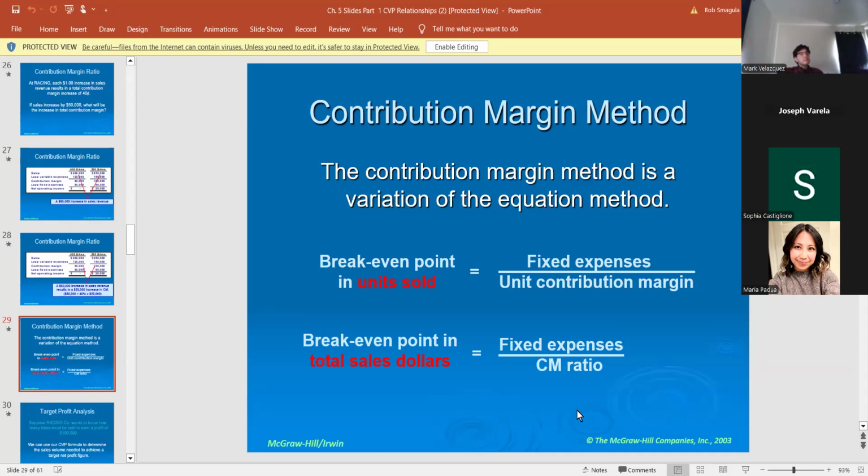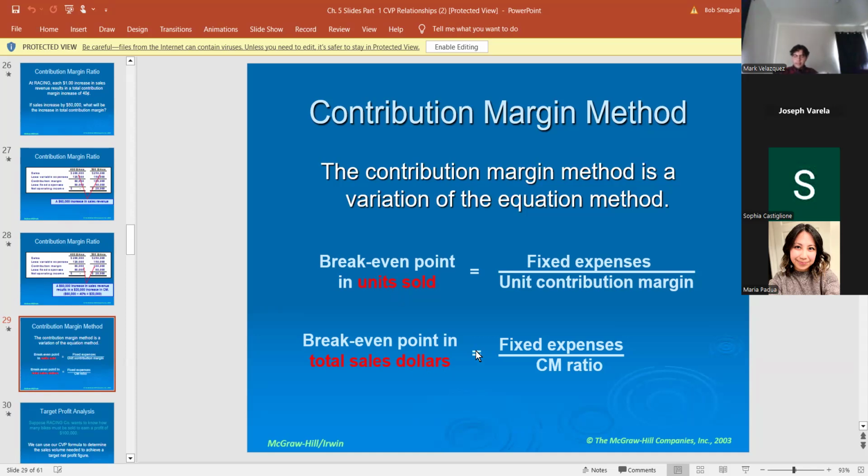The formula is fixed expenses divided by the unit contribution margin in dollars, which I believe was 200, and that gives you the break-even point in units. Our fixed expenses were 80,000, if we're working with the same numbers, and we know it's $200 contribution margin. That gives you the break-even in units. How many more units do we have to sell to break even?